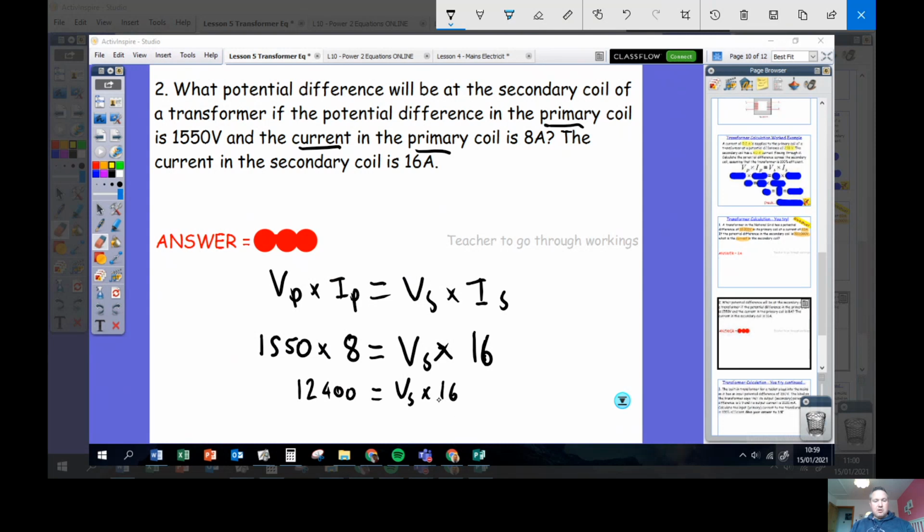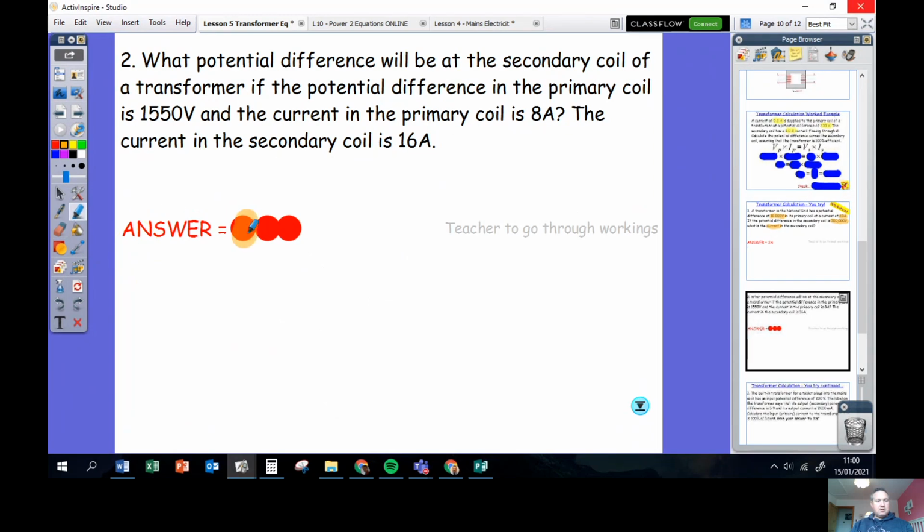So to find my mystery number, I'm just going to divide both sides by 16. 12,400 divided by 16 equals 775. So my secondary volts was 775 volts. Back to my worksheet, 775 volts.